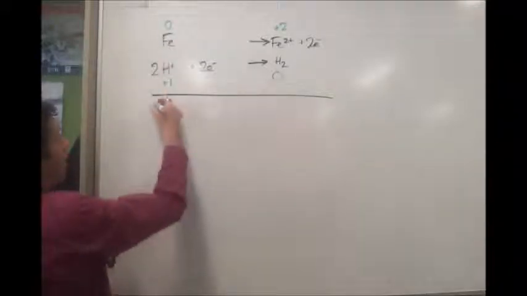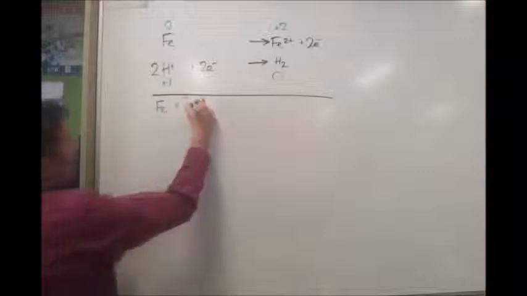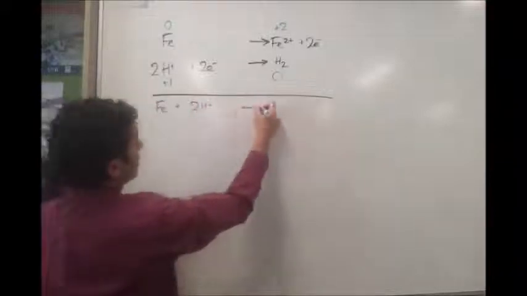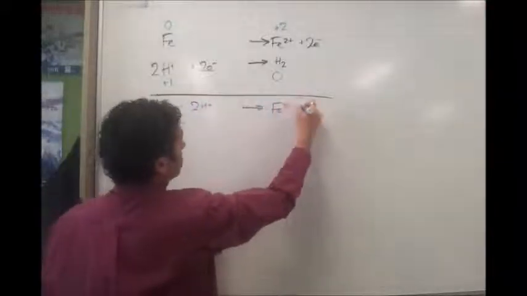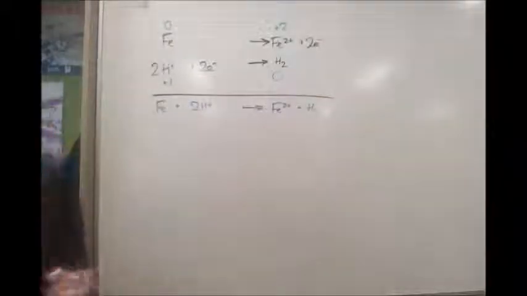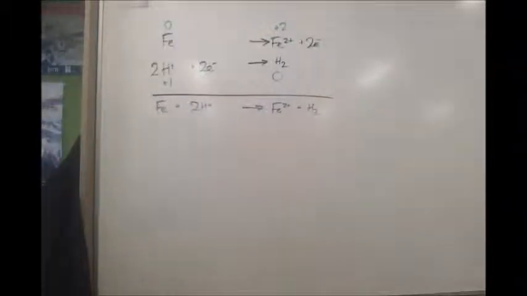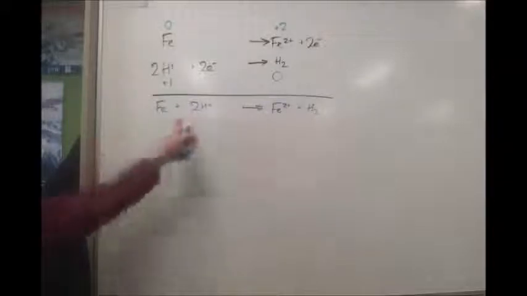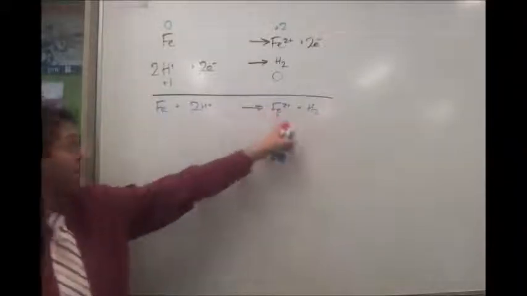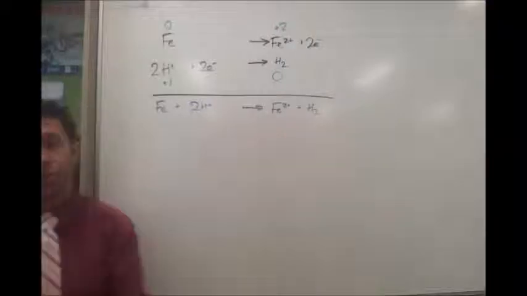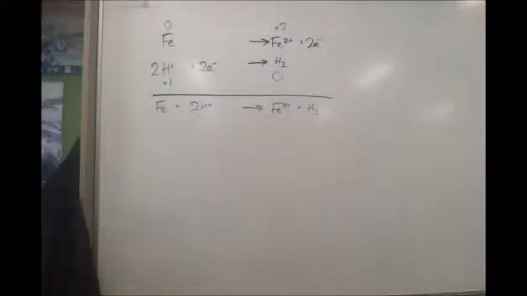So the final equation will be Fe plus 2H plus goes to Fe2 plus plus H2. Just check that it's balanced. 1 iron on each side, 2 H's on each side. This side has got a charge of plus 2, this side's got a charge of plus 2. Everything's balanced.